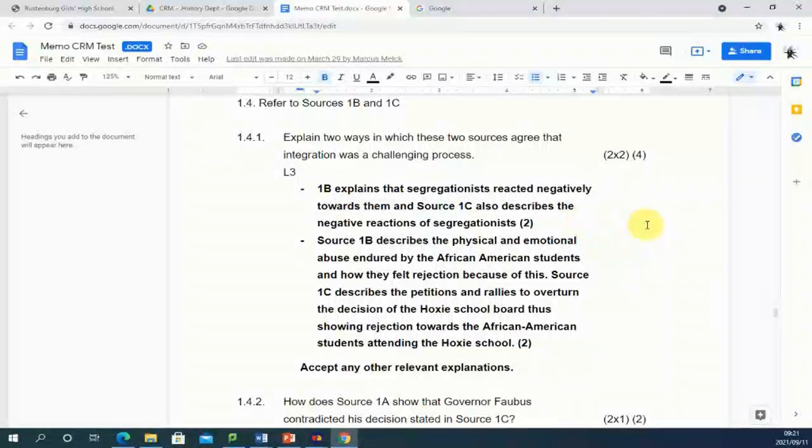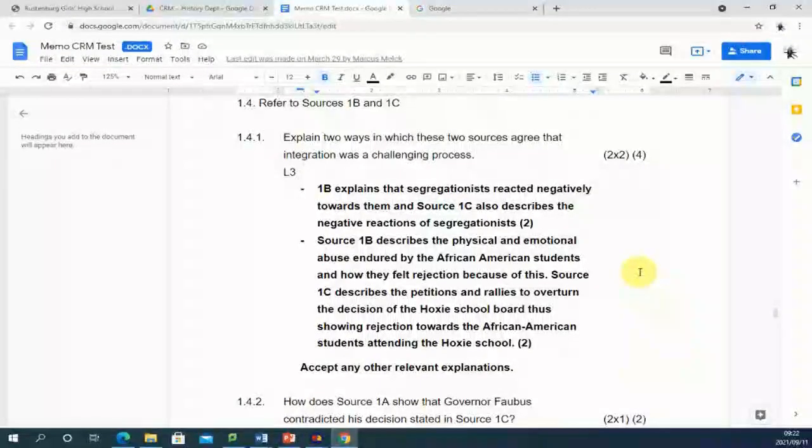So 1B explains the segregationists reacted negatively towards them, and 1C also describes the negative reactions of segregationists. So both of them agree that segregationists reacted negatively, and it was therefore a challenge.